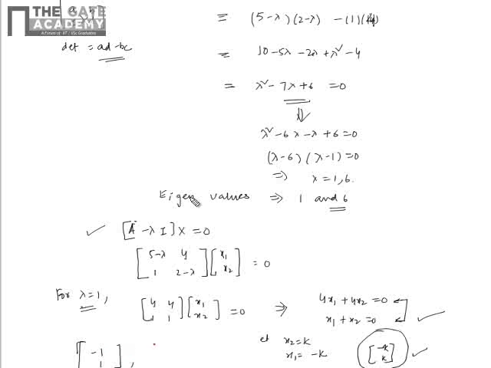And instead of 1 comma 1, I can take 2, minus 2; I can take k as say minus 2. So all these are eigenvectors. In standard form we represent it this way. That's why for a given eigenvalue there can be many eigenvectors.